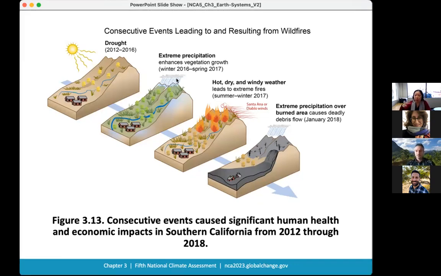But then swinging back to the summer and winter of 2017, heading back to hot, dry condition. And so we have lots of vegetation, but then these hot, dry conditions, particularly with really strong Santa Ana wind events, really caused wildfires to spread during that year.